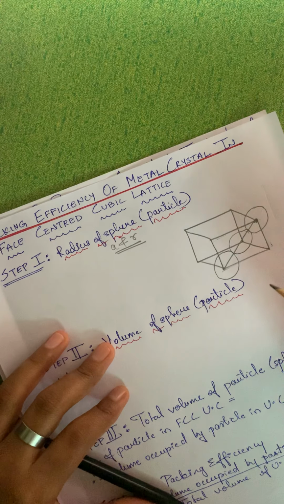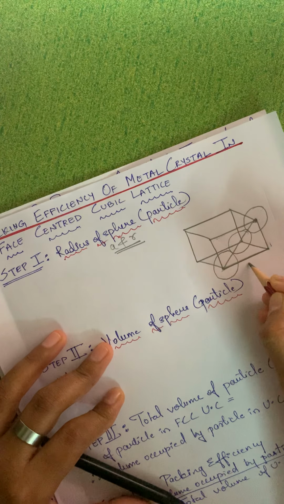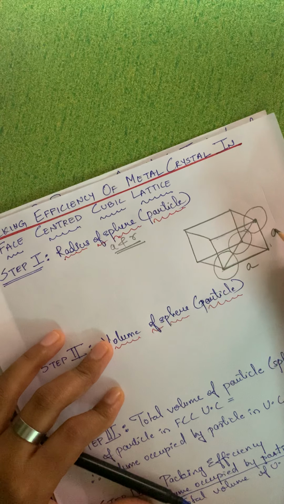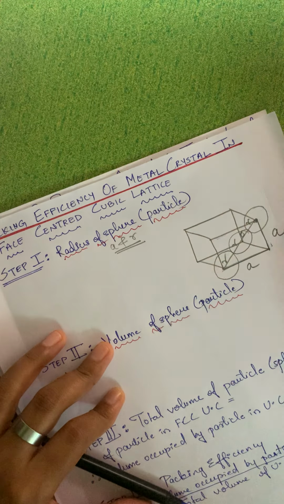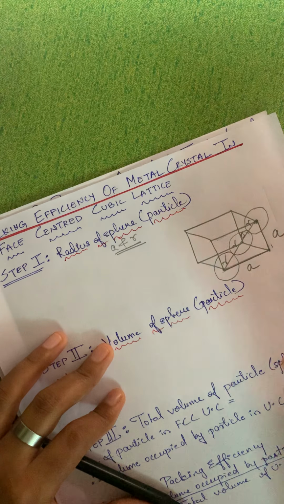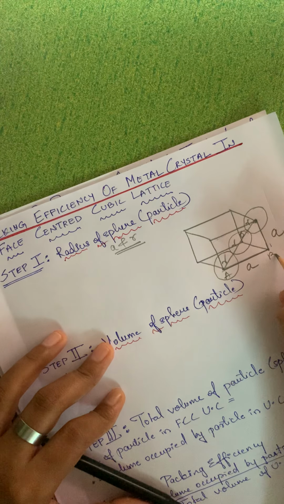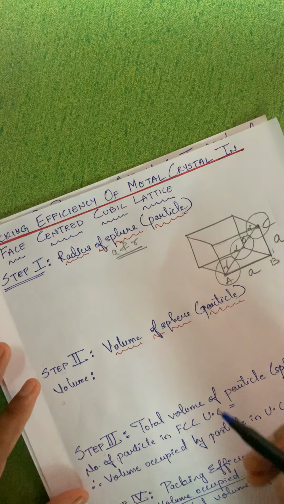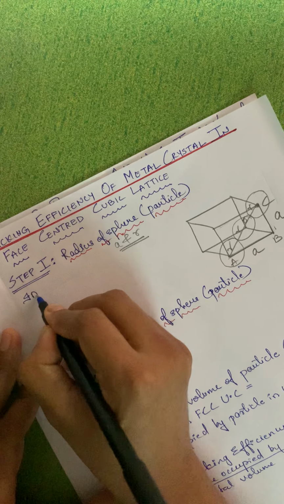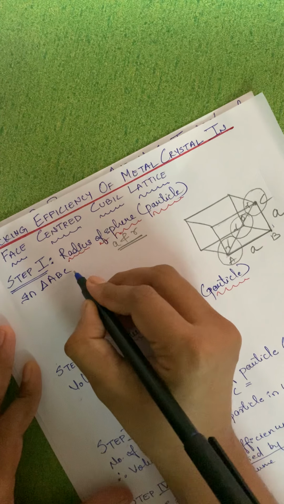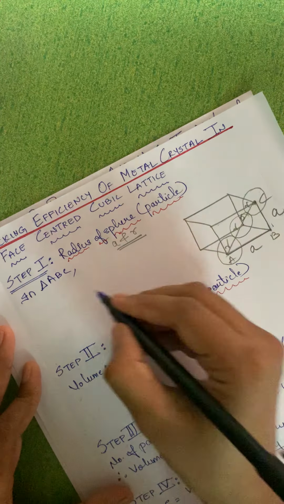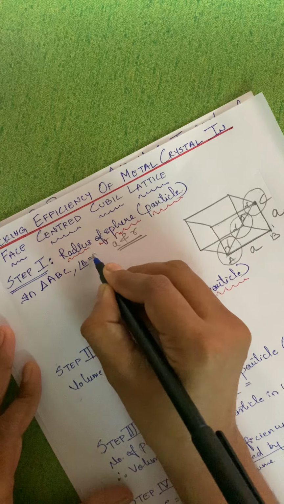This side is a, this side is again a, and along the diagonal r, r, r and r, so it is nothing but 4r. I can consider this as triangle ABC, in which angle B is 90 degrees.